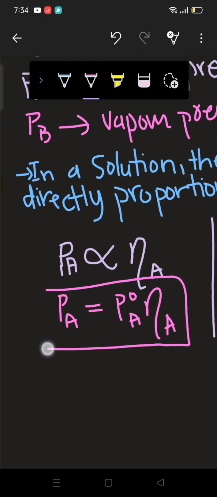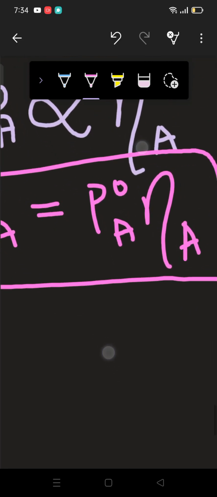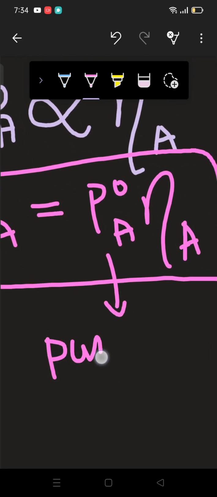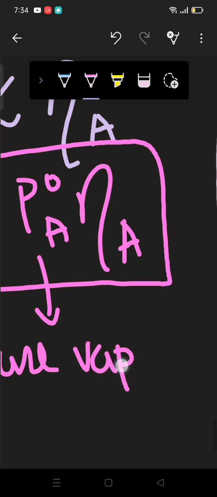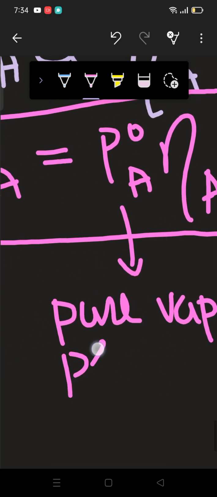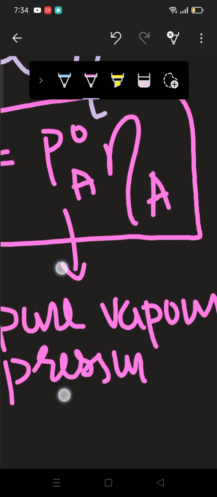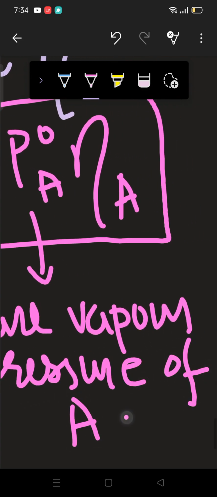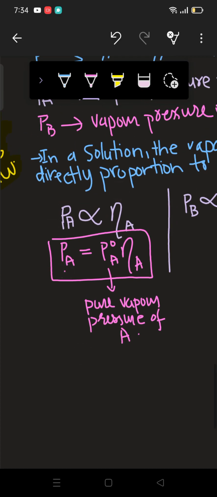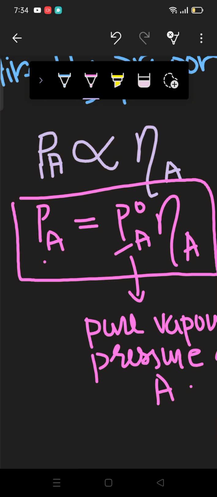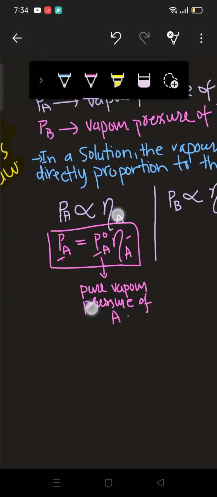So here we get a constant, which is known as the pure vapor pressure of A. Now you can find the partial vapor pressure by multiplying the pure vapor pressure of A by the mole fraction of A. But if you want to find the pure vapor pressure of A, then you need to divide the partial vapor pressure of A by the mole fraction of A.